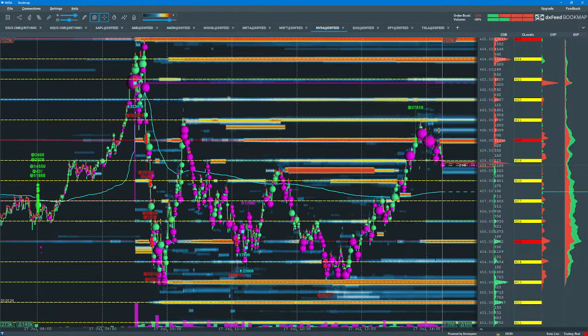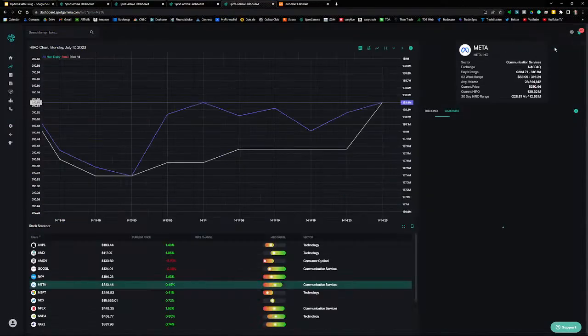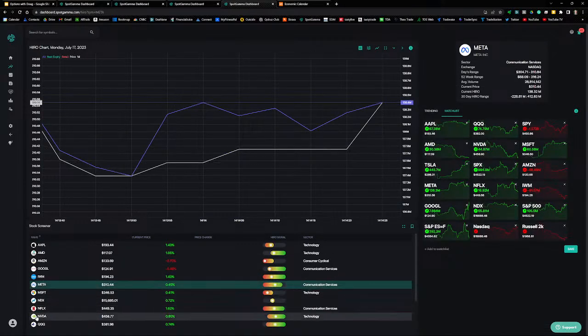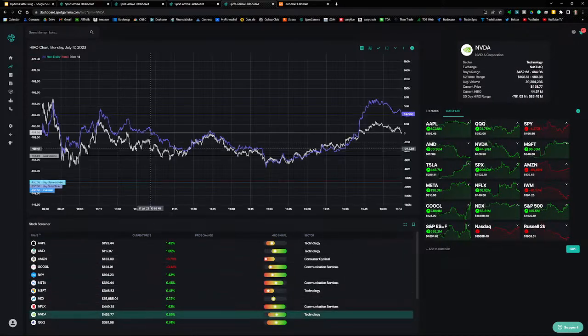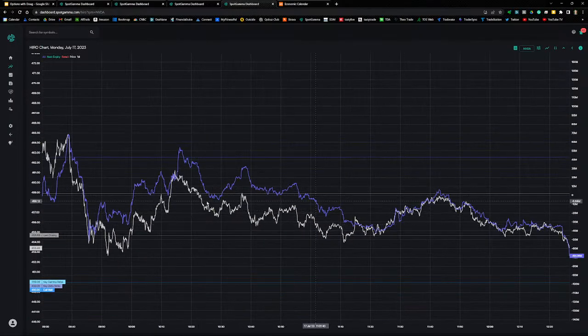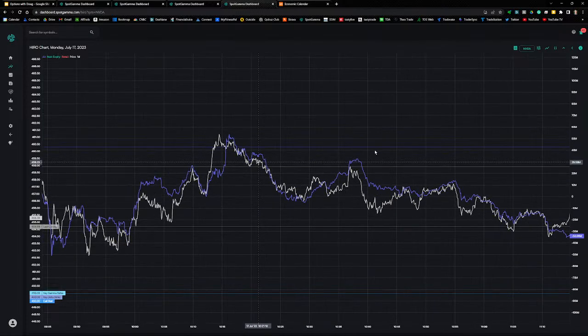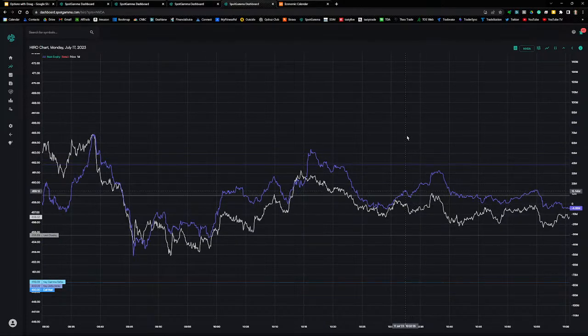Let's take a look at Hero. So mixed picture here for NVIDIA. And what I want to focus on is somewhat of a divergence long in the morning.